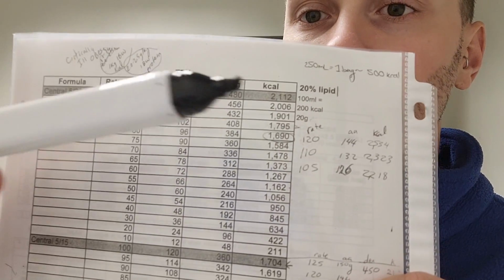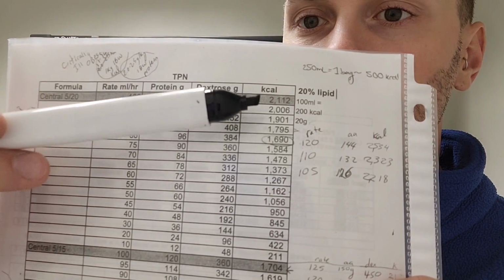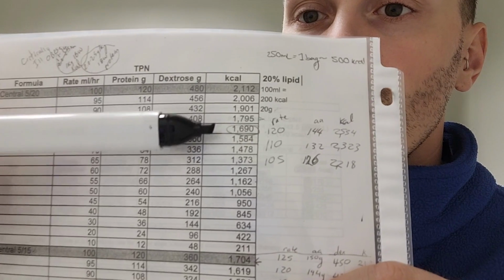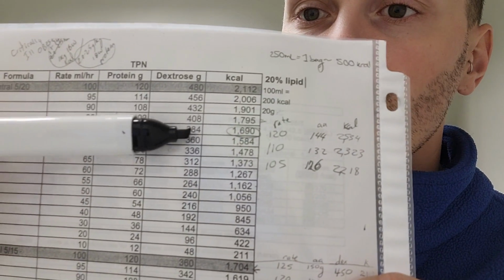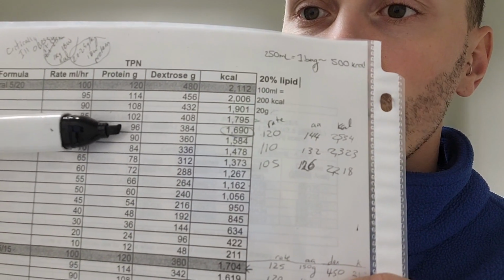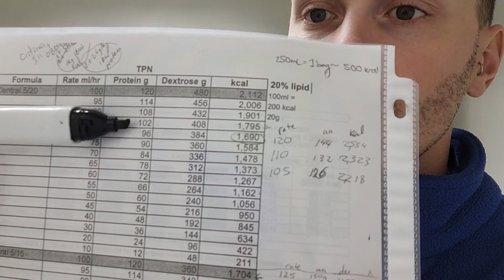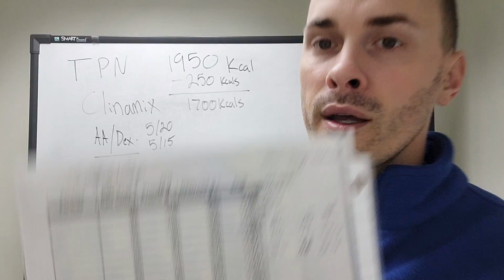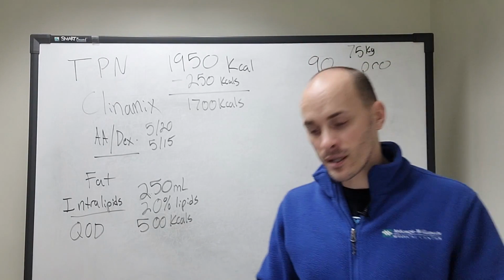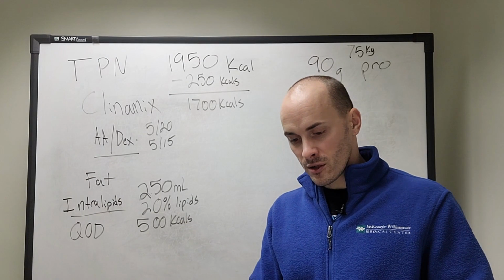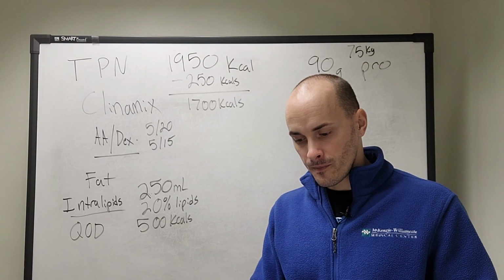So we can go down here and look for 1700. Well, here's 1690, gives them 96 grams. Here's 1795, gives them 102. I prefer to give them 1690 than the 1795. It's a little bit closer to their needs.